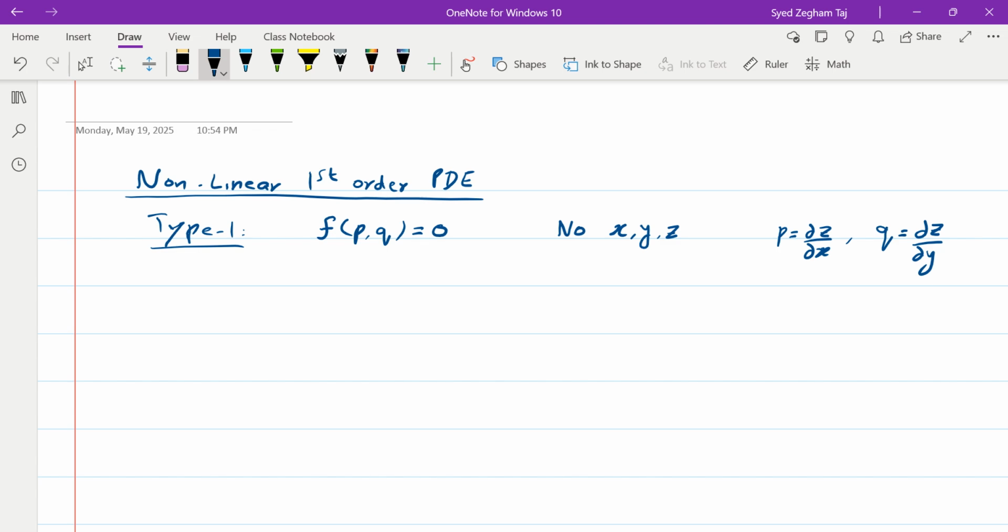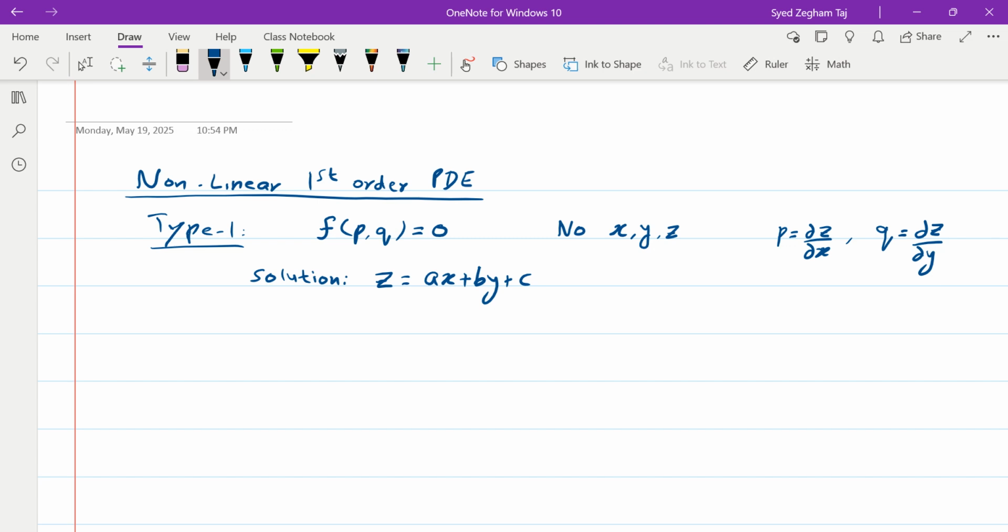Now for these types of equations, the solution is given as z is equal to ax plus by plus c.